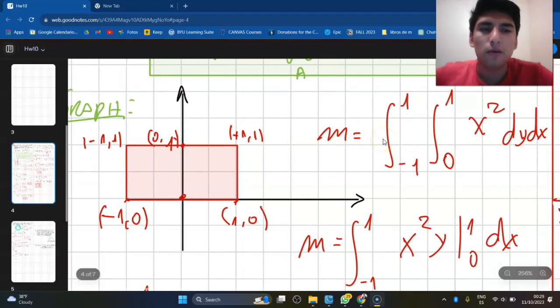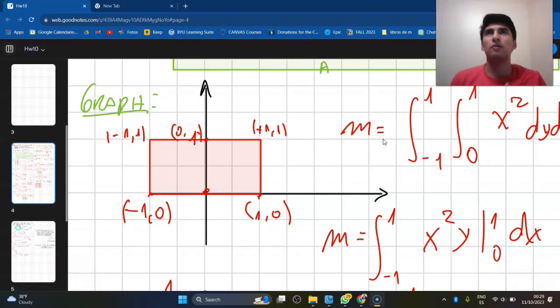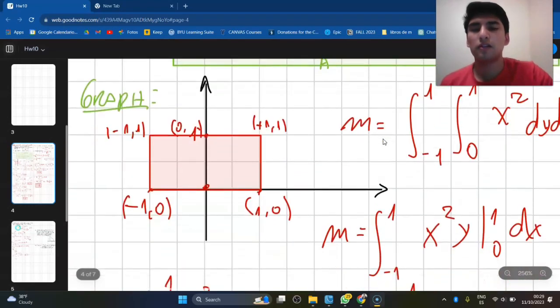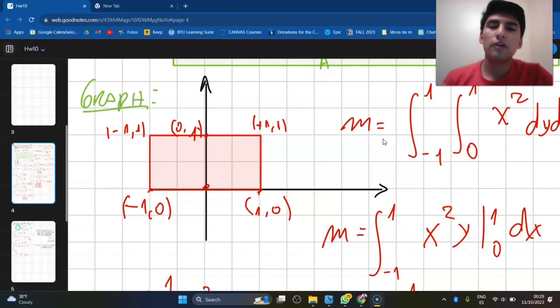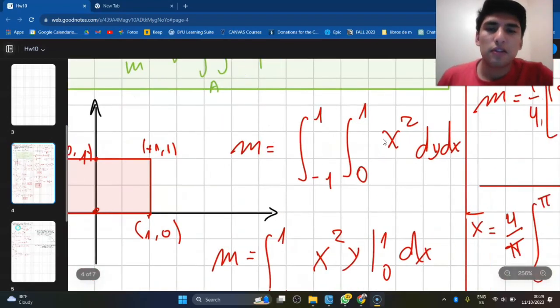So we can already know that the position of the center of mass with respect to x is going to be 0, and with respect to y is going to be 0.5, or 1/2.